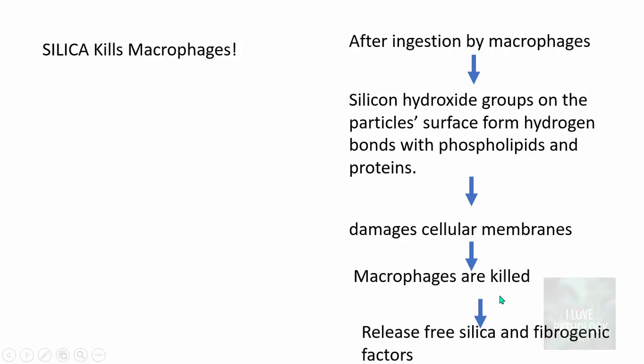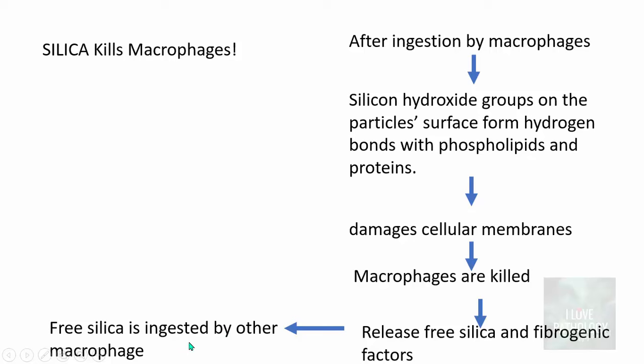That's how the macrophages are killed, and the silica within the macrophage is released along with fibrogenic factors. This free silica is again ingested by other macrophages nearby, and this process continues and is amplified.